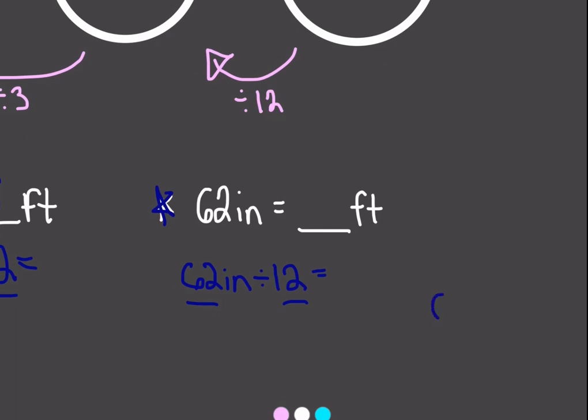So if I set it up, 62 in the house, 12 outside the house, how many times can 12 go into 62 without going over? 5. 5 times 12 is 60. I subtract and I get a remainder of 2. What this is telling me is that 12 can go into 62 5 times perfectly, so there are 5 feet, but you also have a remainder of 2 inches left over.